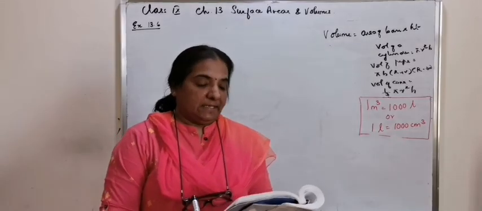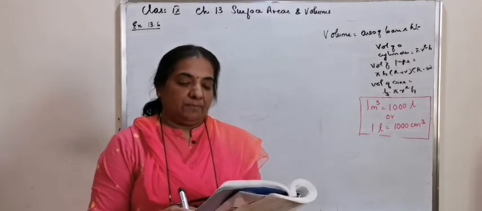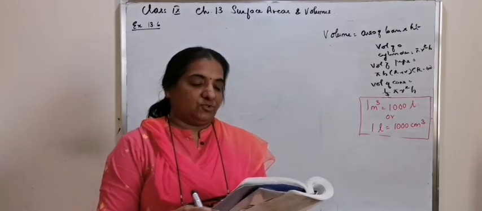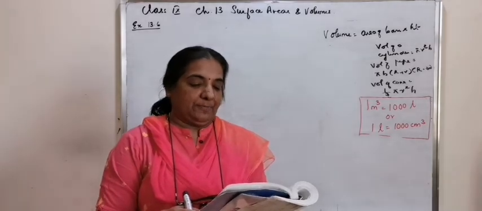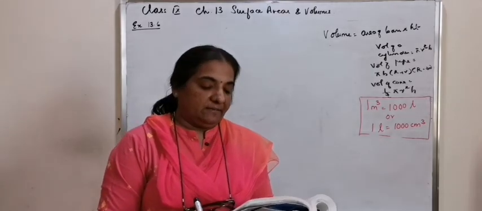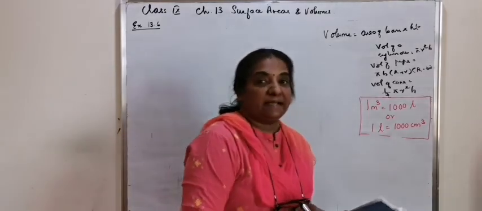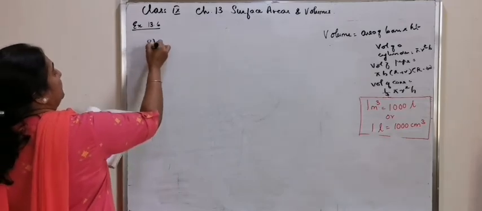Question number 8. A patient in a hospital is given soup daily in a cylindrical bowl of diameter 7 centimeter. If the bowl is filled with the soup to a height of 4 centimeter, how much soup has the hospital to prepare to serve 250 patients? It's a direct formula.